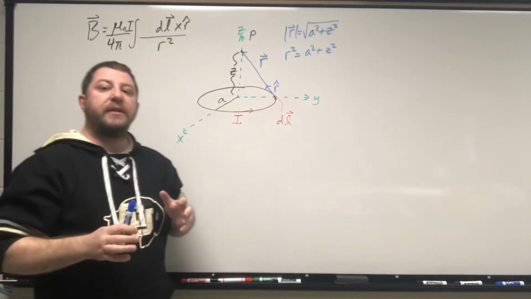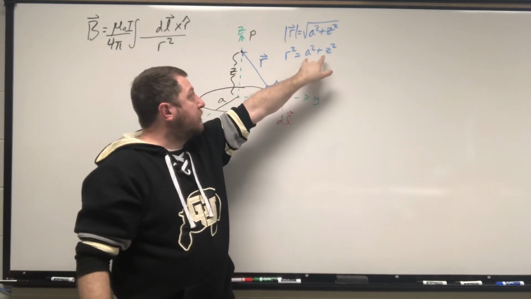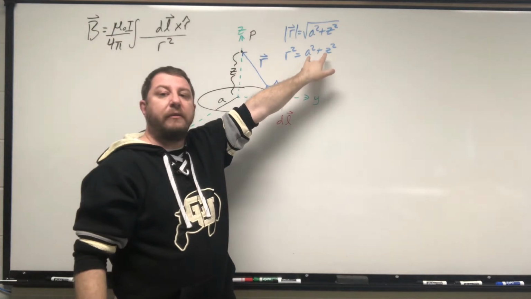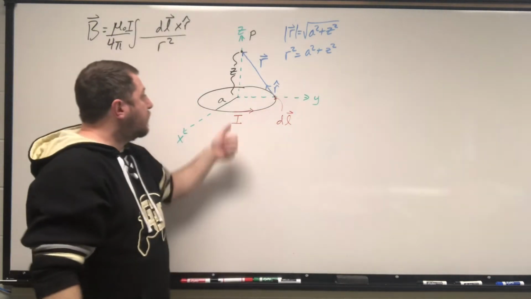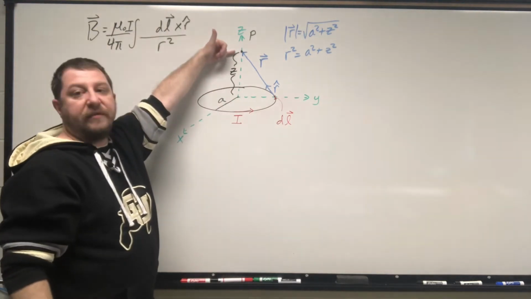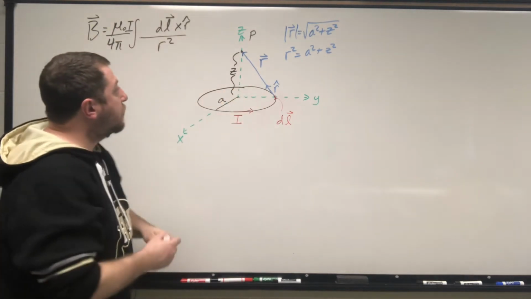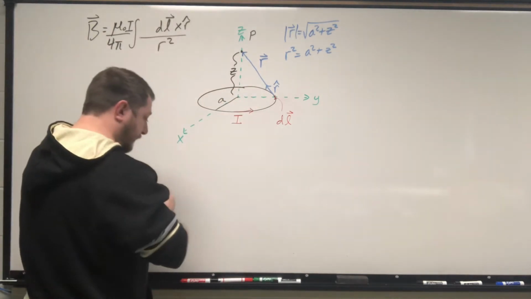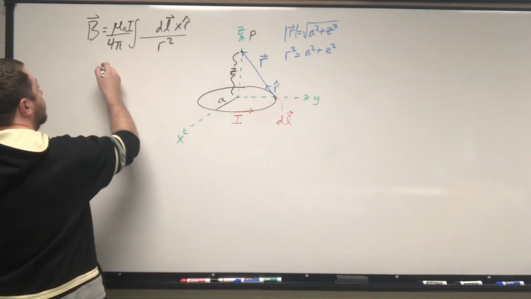And this is fortuitous as well because now, with r squared equaling a squared plus z squared, both a and z are constant. a is just the radius of the circle, that's not changing. The point at which we're evaluating the field, that's not changing. So r squared in this particular case is constant, and I can pull that out of the integral as well.